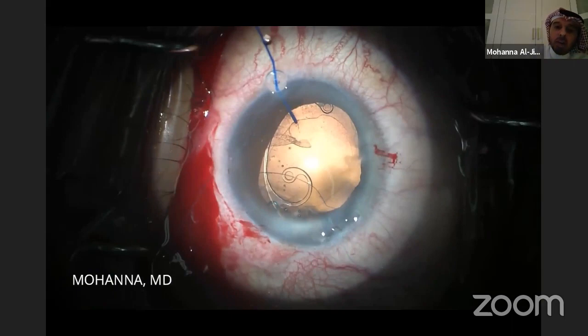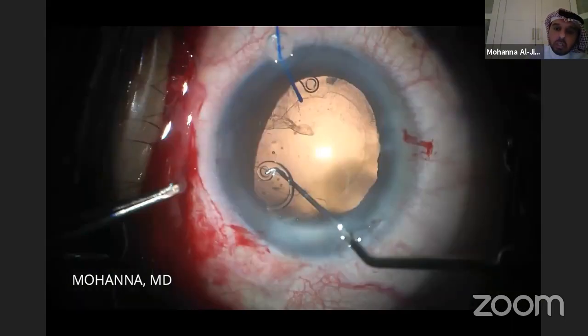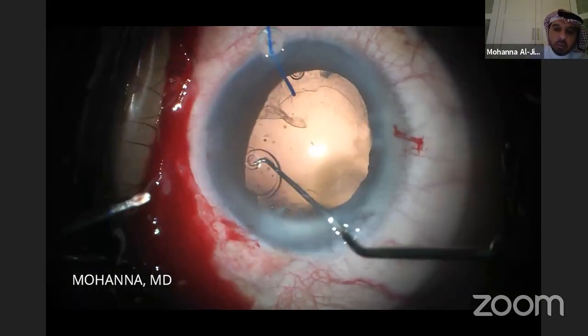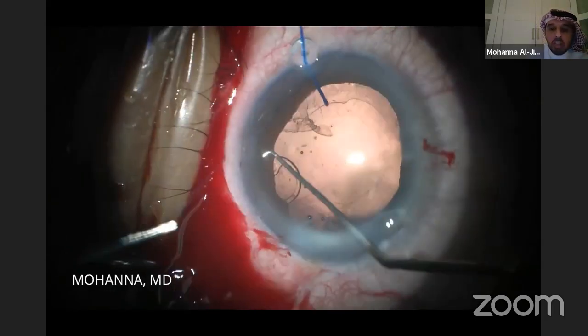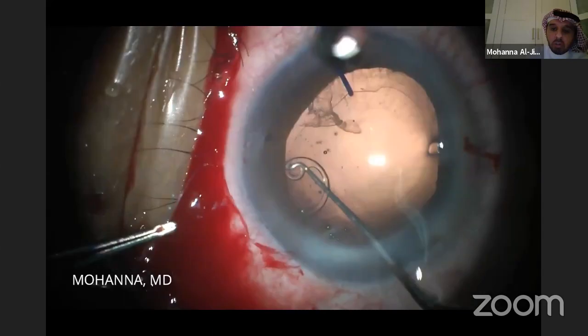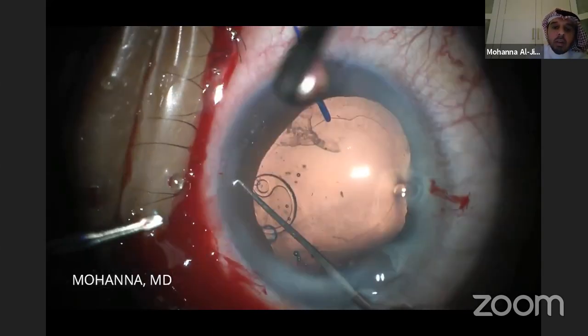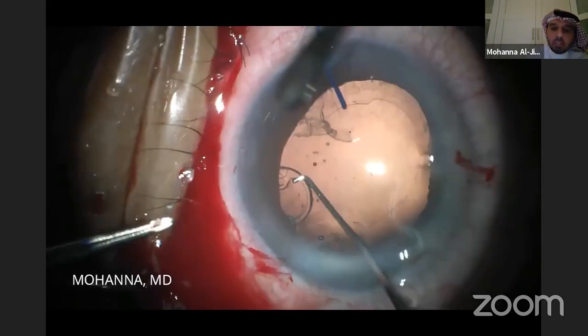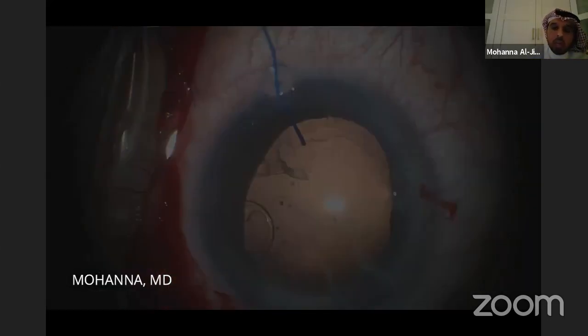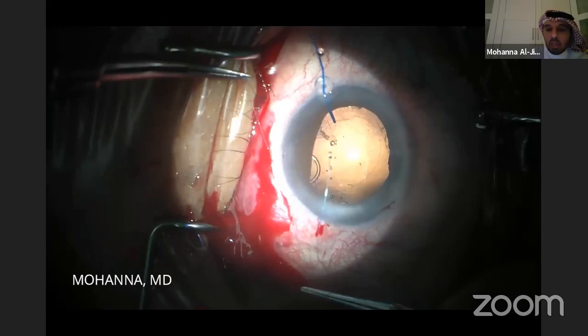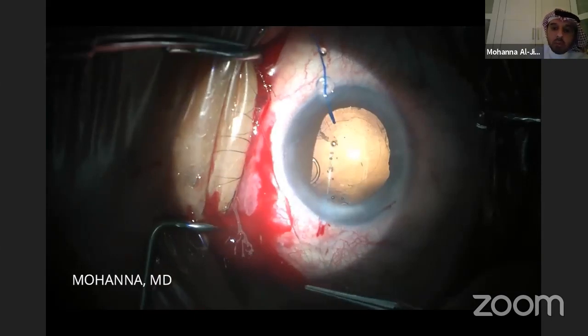After that, I pulled both arms, assuring that the eyelet of the central comma-like segment is above the anterior capsule. This is very important. After assuring that, I tied the 10-0 Prolene with preliminary tightness, and I would adjust it at the end of the procedure.